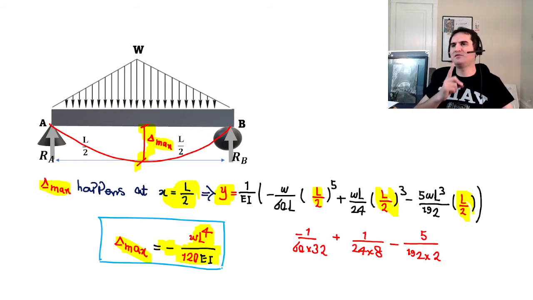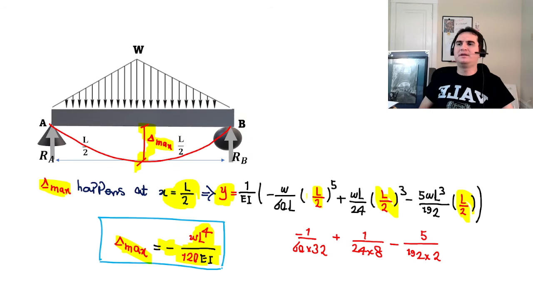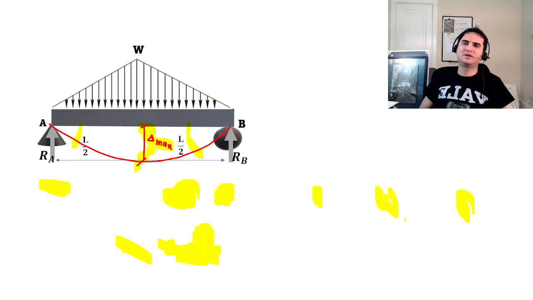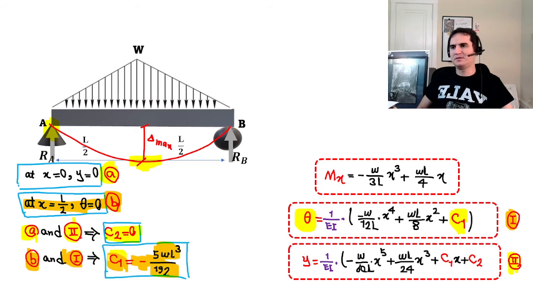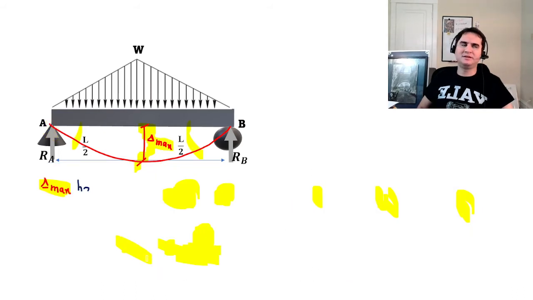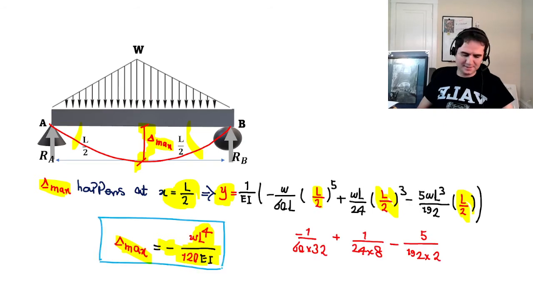At the same time, if you want the theta at A and B, you can easily replace x in the theta equation. Since you know what C1 is, you can get theta. We'll get back to it. Let's solve the problem in an easier approach.